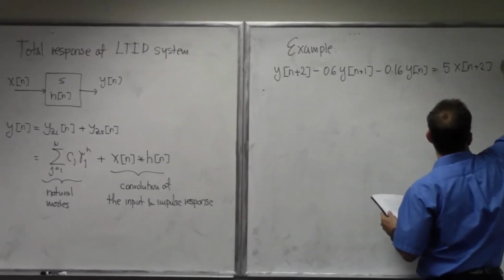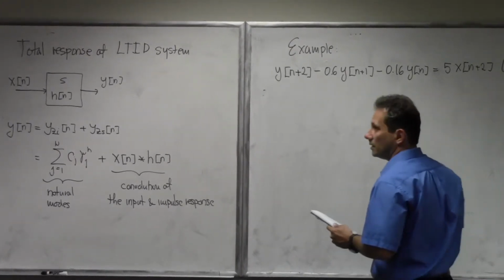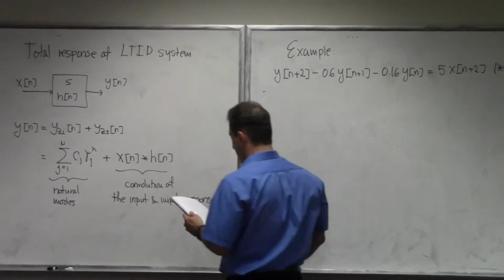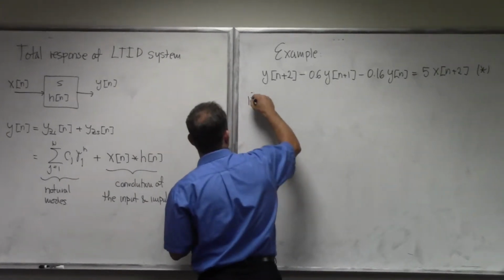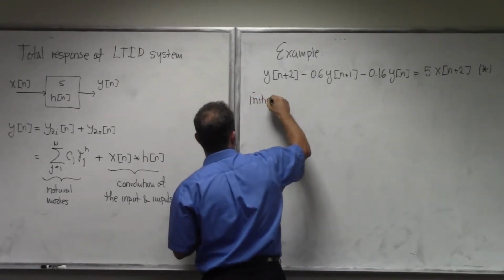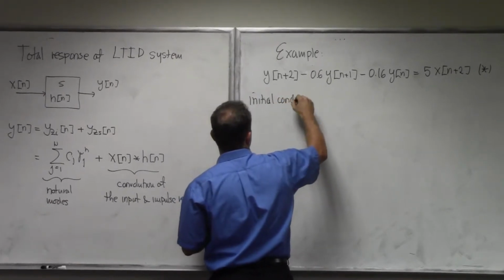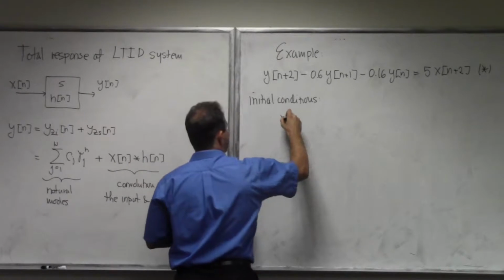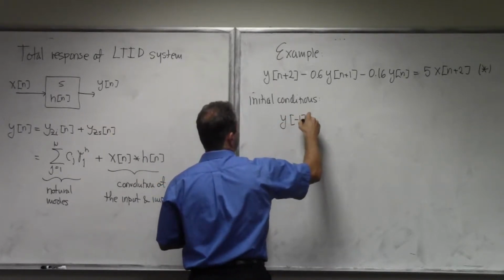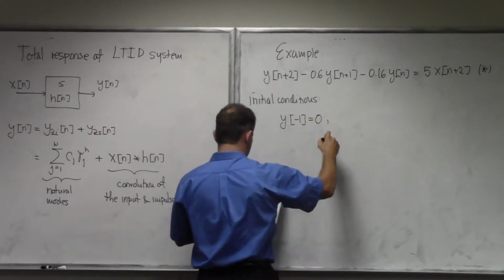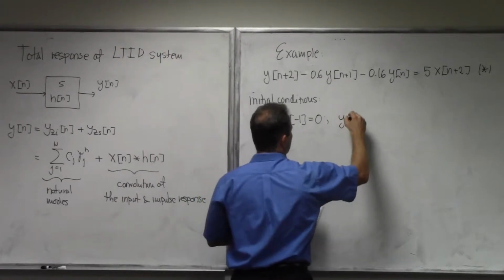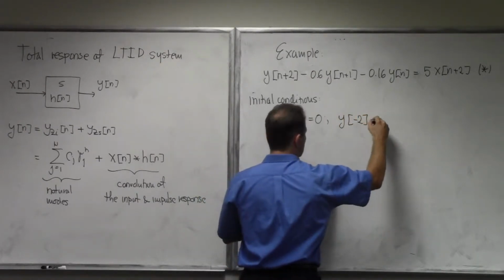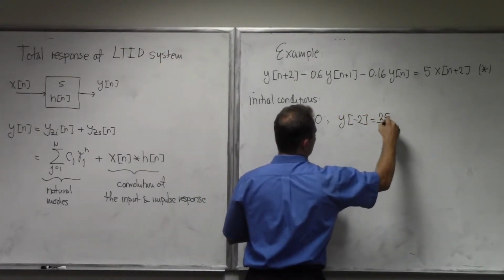And I'm going to start here because I'm probably going to be referring to this equation later. I have also initial conditions: y of minus 1 is equal to 0, and y of minus 2 is equal to 25 over 4.